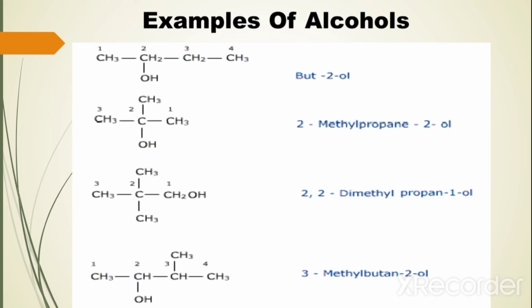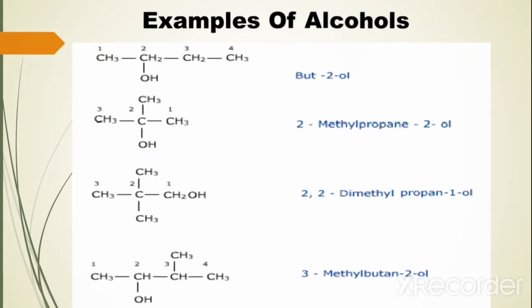The other example is a 4 carbon chain, in which one carbon has a methyl group and the other carbon has a hydroxyl group, so we will give the hydroxyl group carbon the least number, that is 2 instead of 3. So we will name it as 3-methyl, because the substituent is a methyl group, and 2-butanol or butan-2-ol.